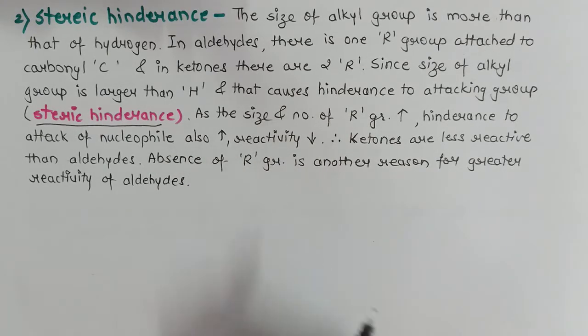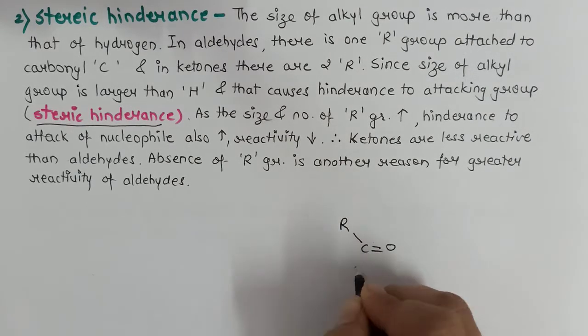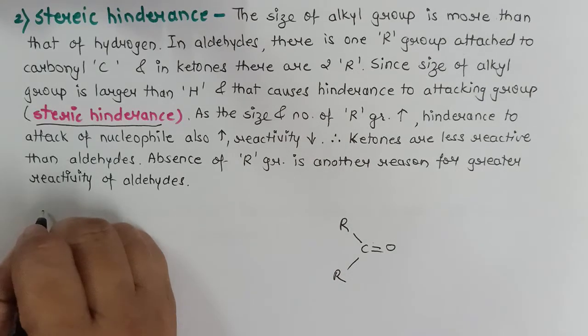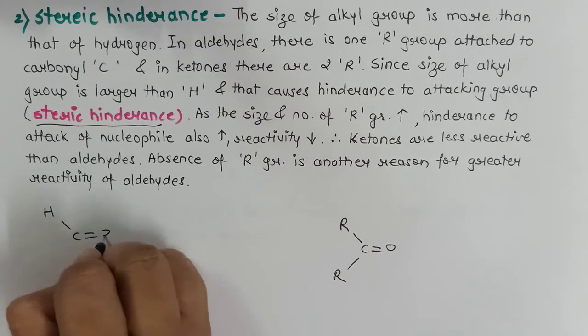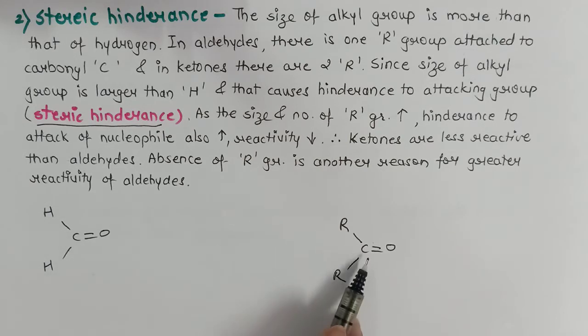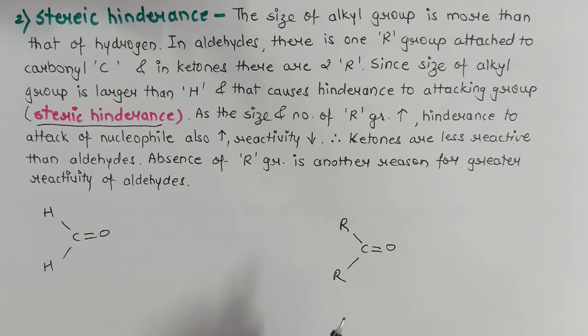Reactivity will decrease. In ketone, there are two bulky alkyl groups. Now if I compare it with formaldehyde, hydrogen being very small in size, the attack of the nucleophile will become very easy. Whereas in the case of ketone, there will be two bulky alkyl groups which will give hindrance to the attack of the nucleophile.